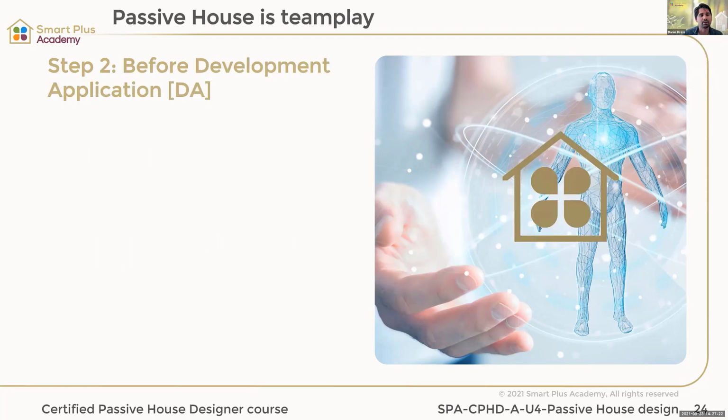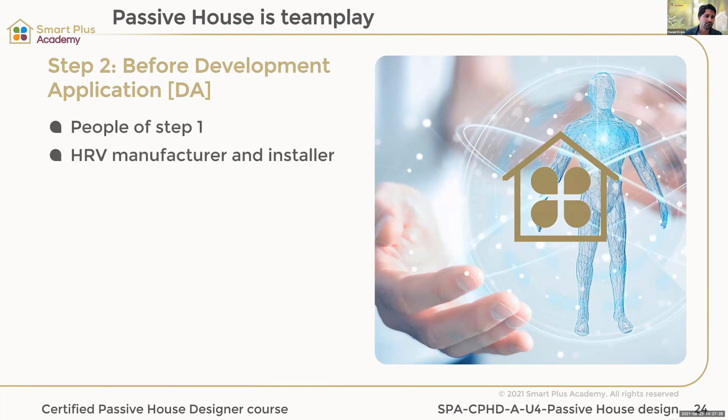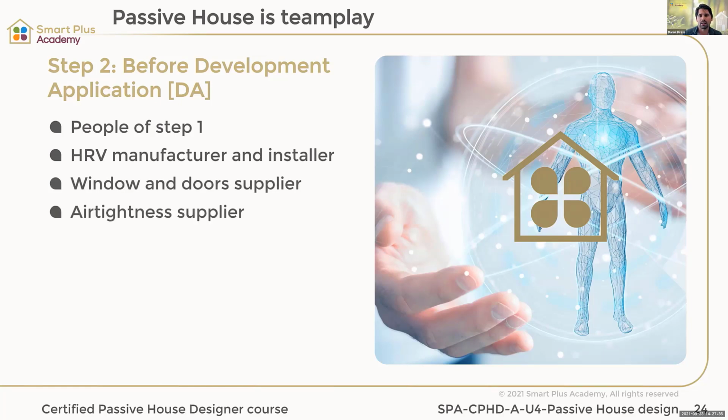Before DA, the development application, people of step 1, we want to have them involved. Then HRV manufacturer and installer, windows and doors supplier, airtightness supplier, plumber, electricians. All of these people have knowledge and they know how to do jobs more economically than most likely you do as a designer.